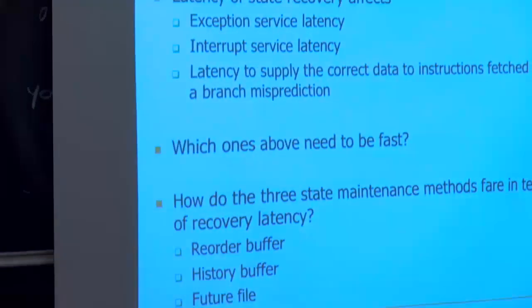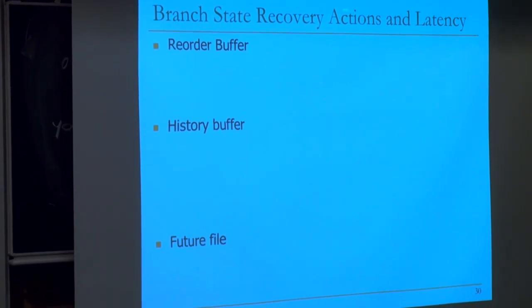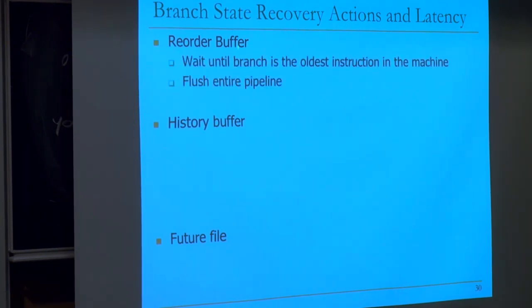So how do these methods fare? Basically, the answer depends on what we do when we try to recover the state of a branch. So with a reorder buffer, we need to wait until the branch is the oldest instruction in the machine. And once that happens, we need to flush the entire pipeline. And then we have the correct state in the register file.